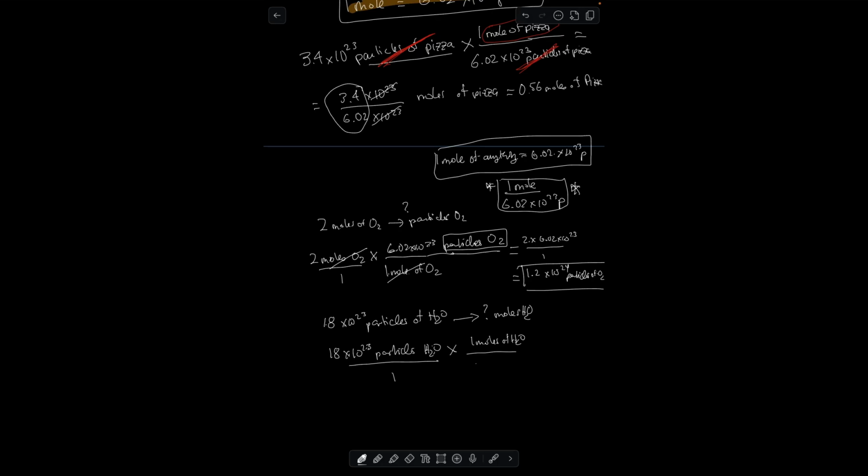And we have 6.02 times 10 to the 23rd particles of water. These would then cancel out, and we would be left with 18 divided by 6.02.